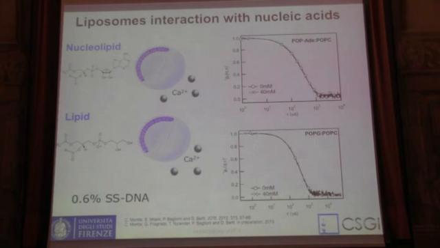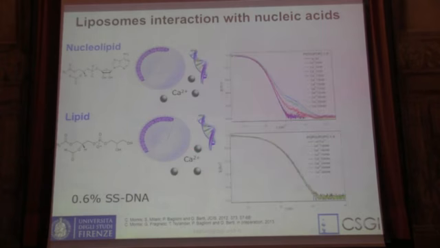At this point, you want to have interaction between the phospholipids, in this case nucleolipids, and the DNA, a sequence of DNA. To do this, we can use the two different lipids I showed before, but you have to use calcium, because calcium promotes aggregation of DNA.